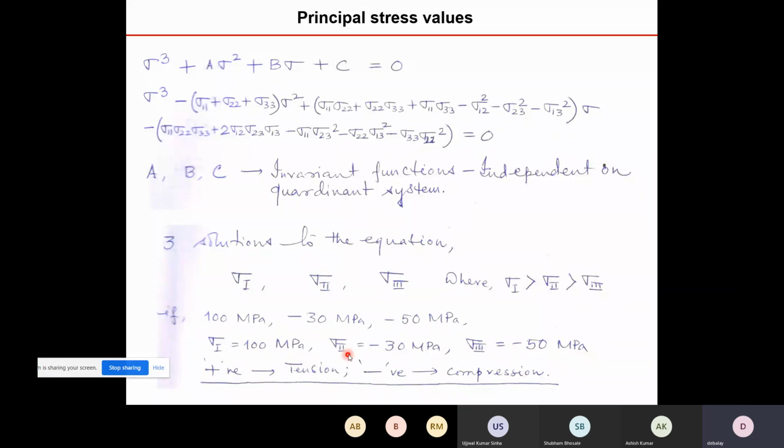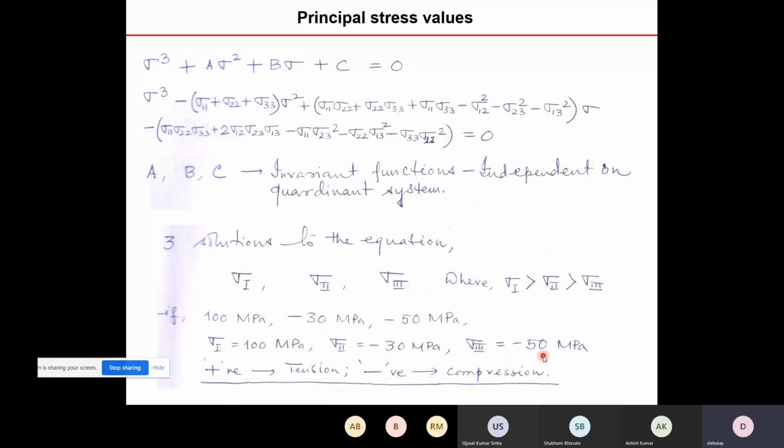So if it happens that you apply another tension in the direction of sigma 2 and you increase it to 130, then like Air Force One, where the US president flies, sigma 2 will now become sigma 1, sigma 1 will become sigma 2, and sigma 3 will remain as sigma 3. So remember the story of the movie Air Force One. Whichever plane the president flies, that is Air Force One.